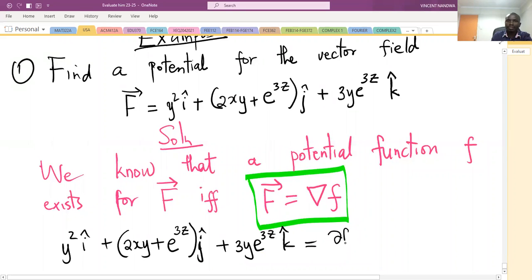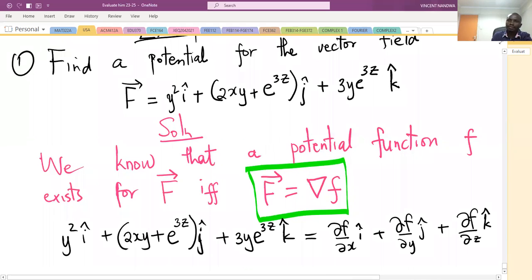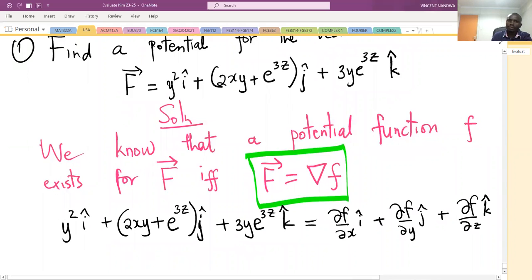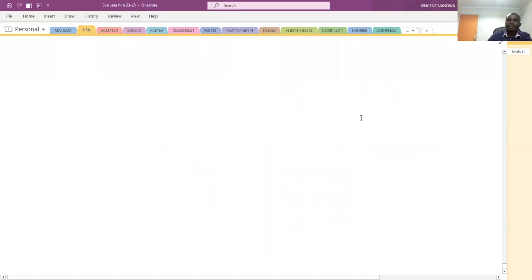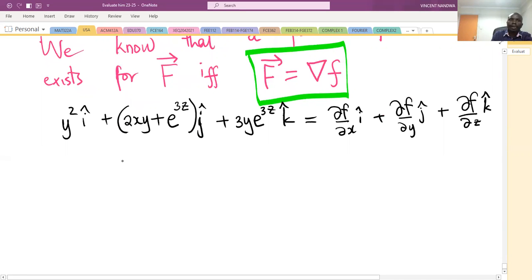So we'll have partial f partial x i plus partial f partial y j plus partial f partial z k. So that's what we have in this equation. The next thing, we simply equate the components of i, j, and k to ensure that this equality makes sense.